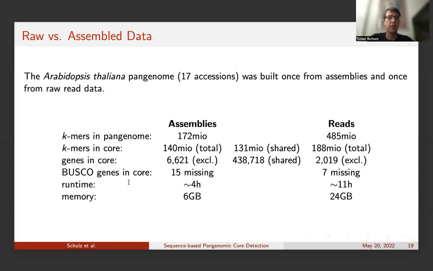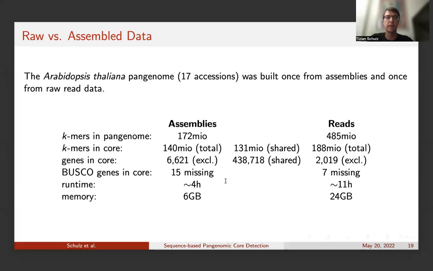If we look on the genes, we also had a special look on a certain set of genes, which are called Busco genes. Busco genes are genes from which is known that they have an ortholog in all species of some taxonomic unit. In this case, we use the order of Brassicales.